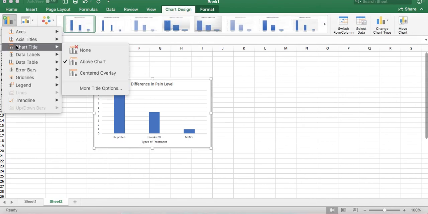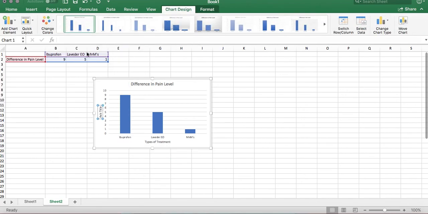And then the other title is going to be our vertical title, and we're going to name that difference in pain level. So we don't have units for this either because we don't have pain level units, but let's say that we were taking my temperature as an indicator of our pain, then we might want to put in degrees Celsius or Fahrenheit or something like that.